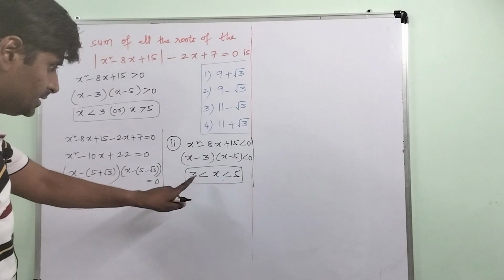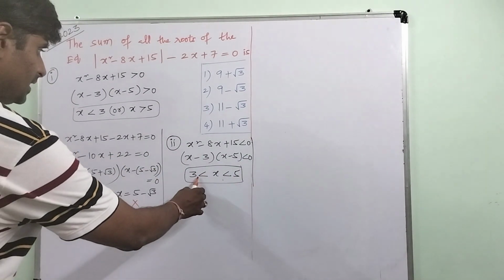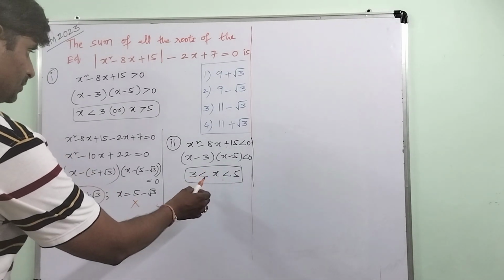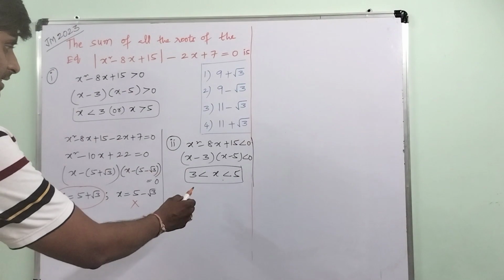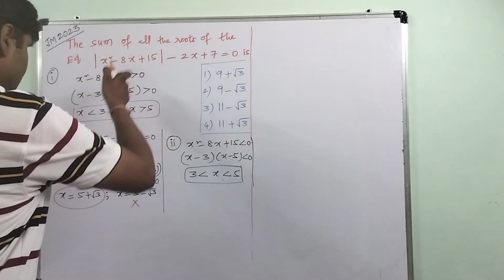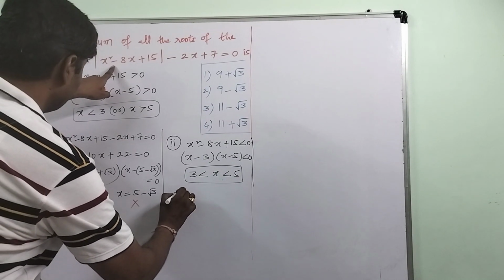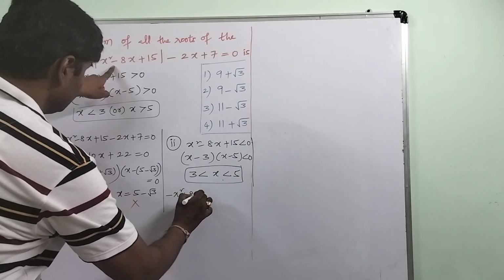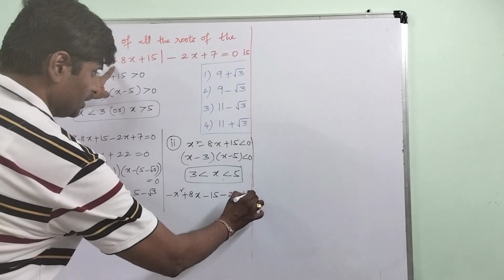Now on this case, 3 less than x less than 5. So 3 less than x less than 5, if you observe, so what is the value we can take in this? In this case negative, let us take. So same expression will take as negative. So minus x square plus 8x minus 15 minus 2x plus 7 equal to 0.